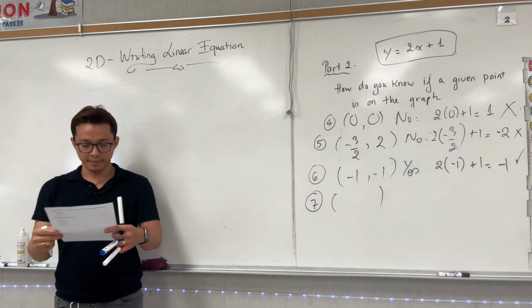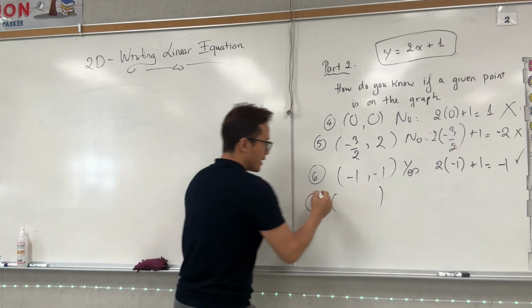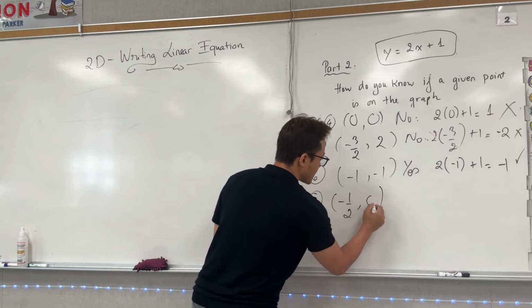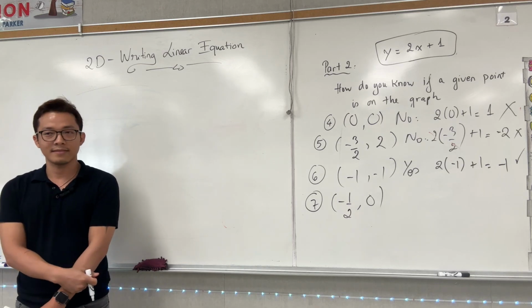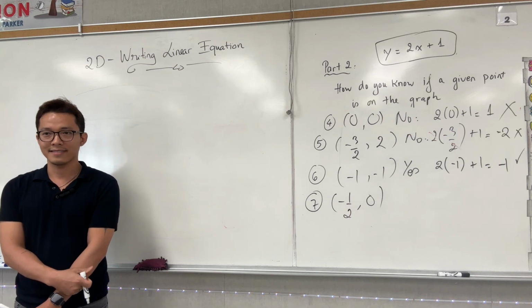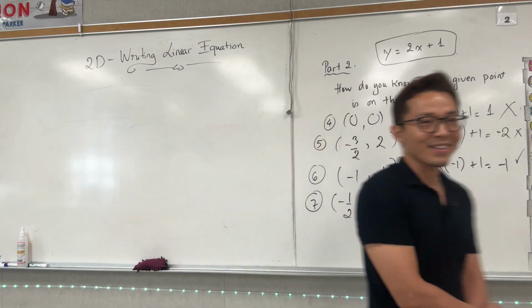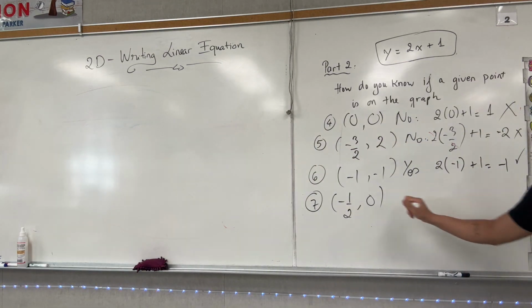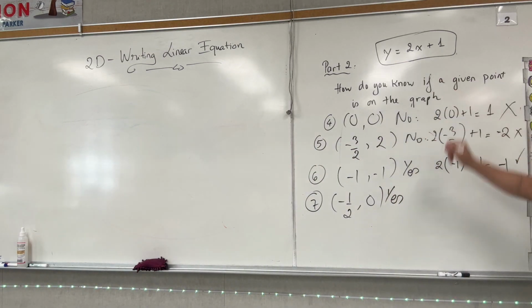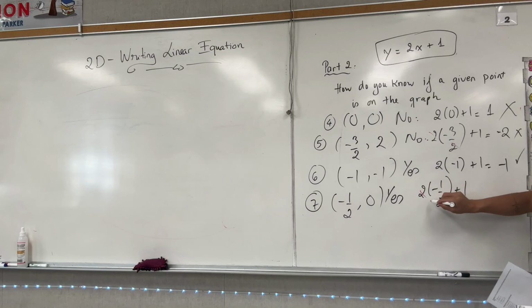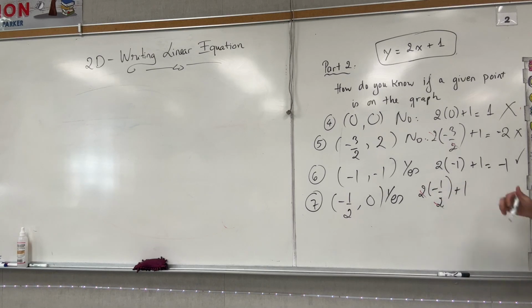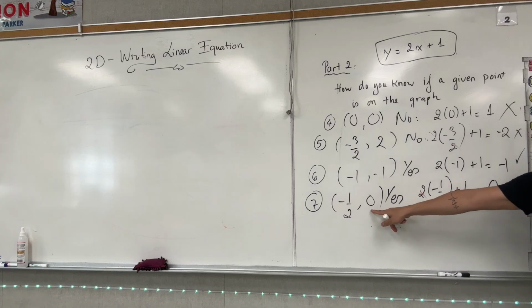Ready? Negative 1/2 and 0. Easy. Okay, new one. Dana, let's go. Let's see. Negative 1/2. 2 times negative 1/2 is negative 1, right? You cancel the 2. Don't do multiplication, you can cancel the 2. So negative 1 plus 1 is 0. Matching, right?